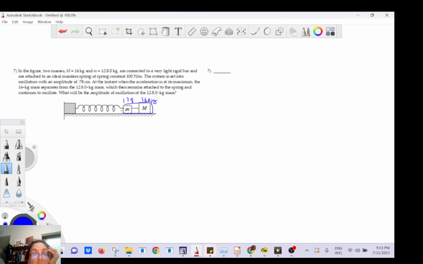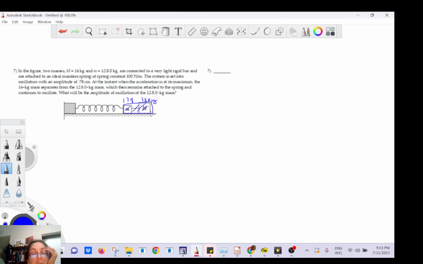So it's like you have a big mass here, and it has a spring constant K, and it's set in motion at an amplitude of 78 centimeters.